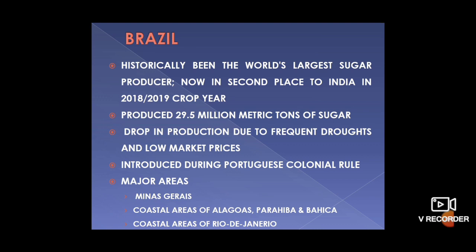The drop in the production is due to the frequent droughts and the low market price faced in the country. The major areas of sugarcane production in the country are Minas Gerais and the coastal areas of Paraíba and Alagoas and the coastal areas of Rio de Janeiro.